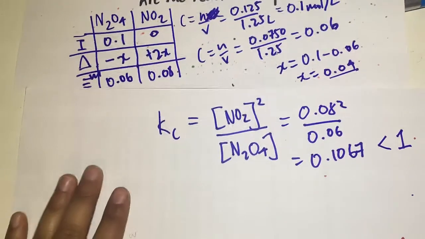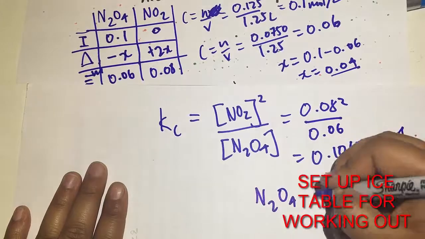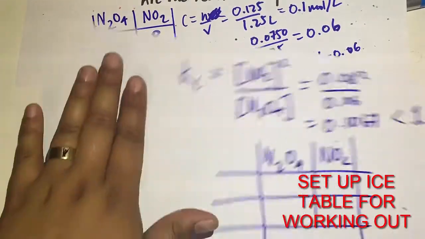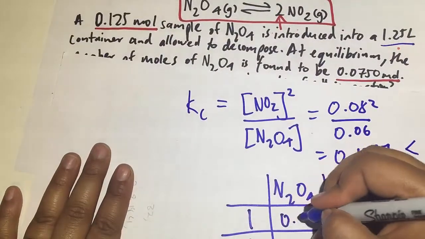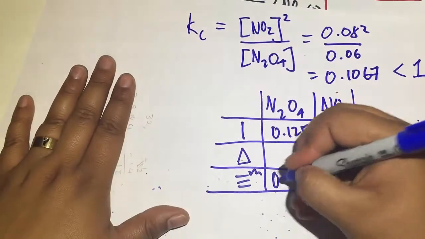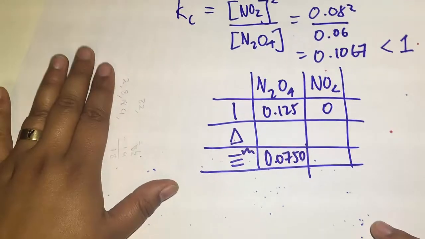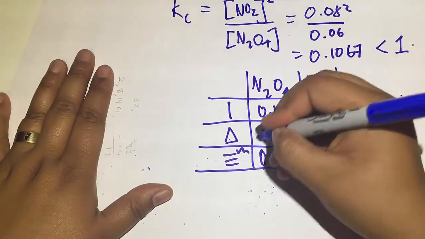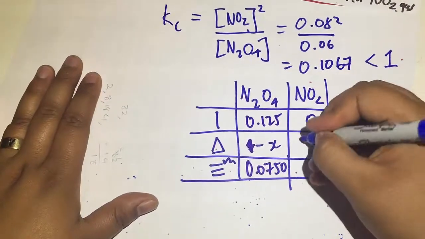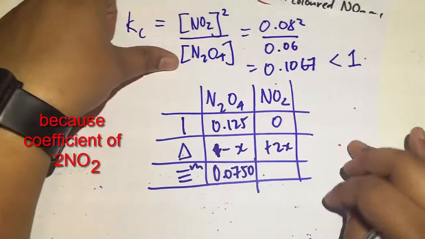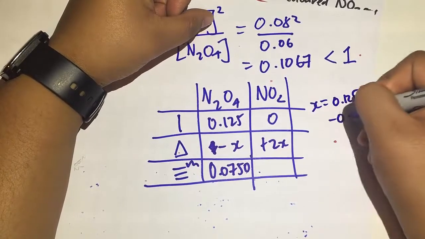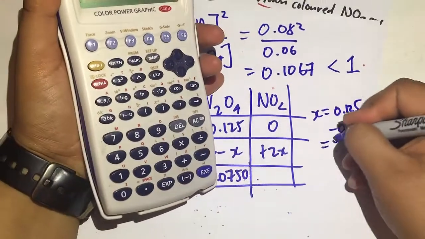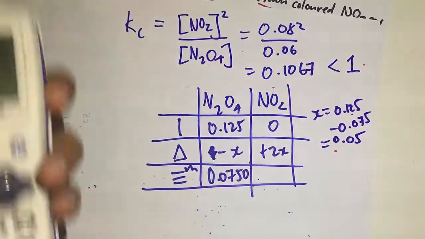So if we were to do it with moles instead, our ICE method, initially we had 0.125 and 0 moles, and then we had 0.0750 moles there. Now we're still saying minus X and plus 2X. So here it's just going to be that X is a little bit different. So X is going to be 0.125 minus 0.075, which is 0.05 altogether.